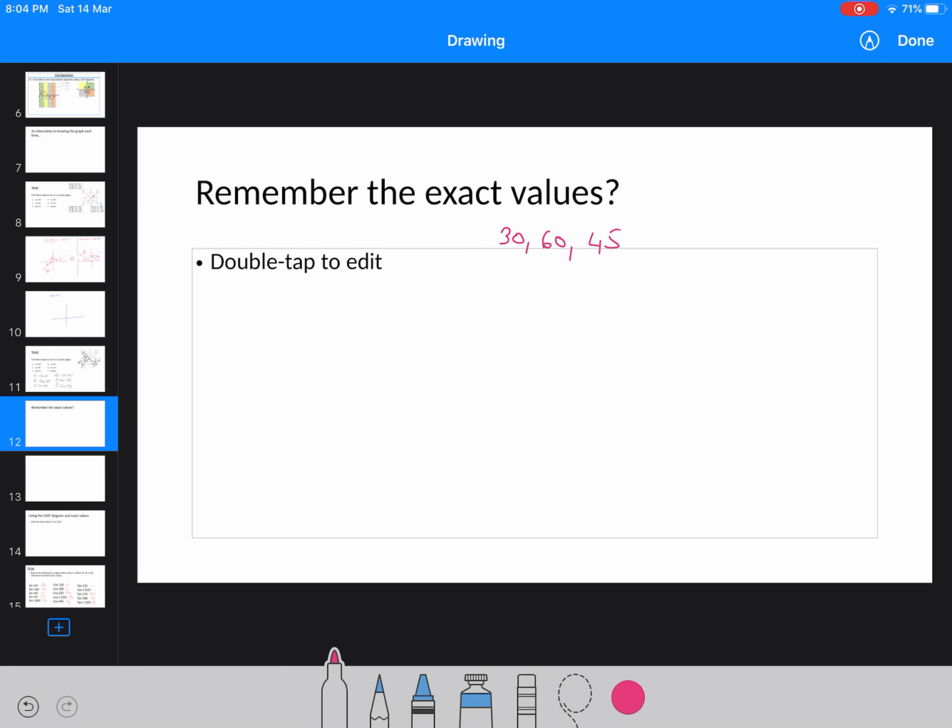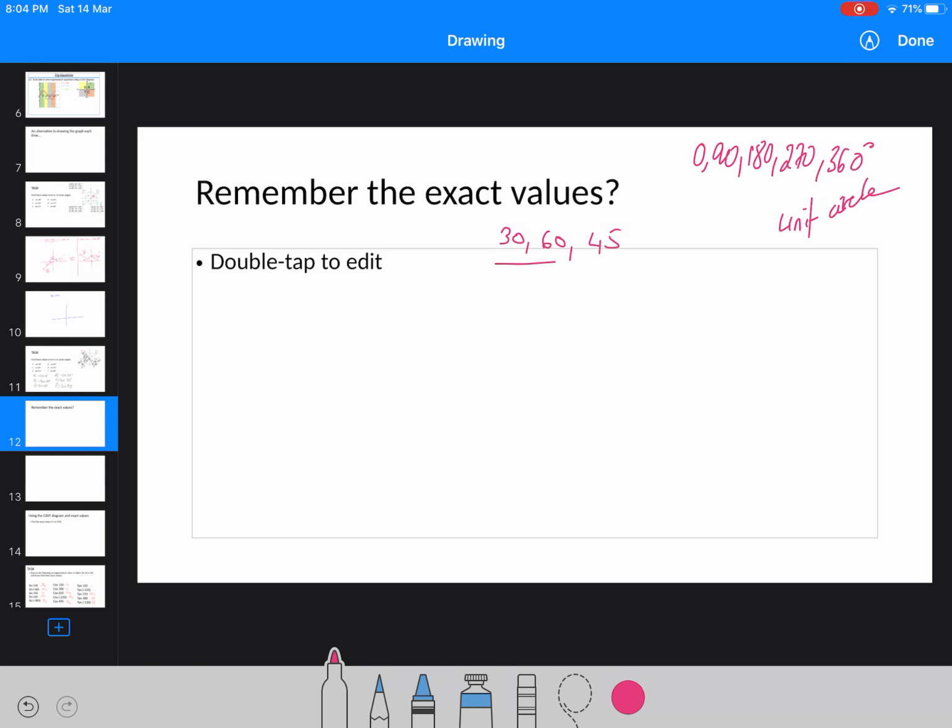In the first part, we learned how to find the sine, cosine, and tan for angles such as 0, 90, 180, 270, and 360, and I found those values from the unit circle. Now, I need another way to find the values for 30, 60, and 45.